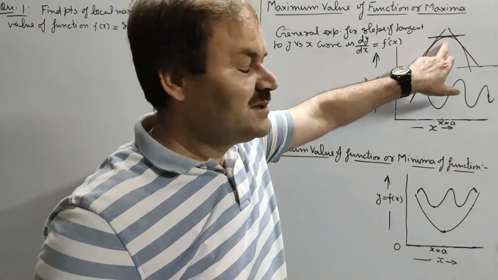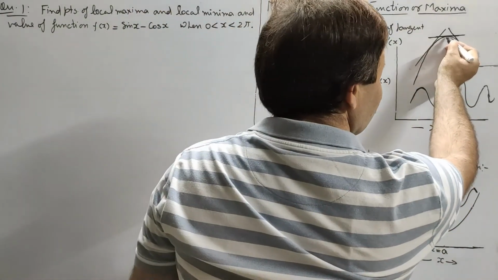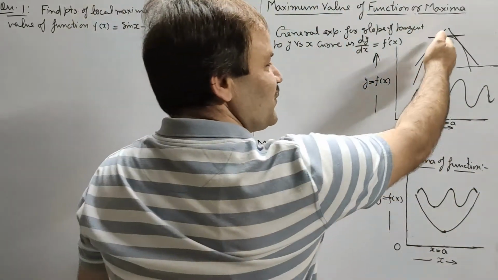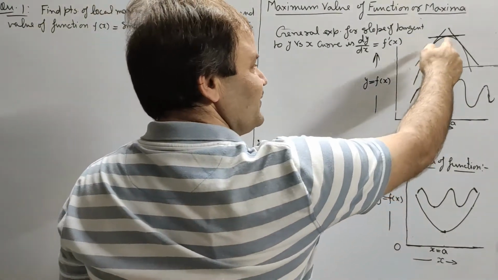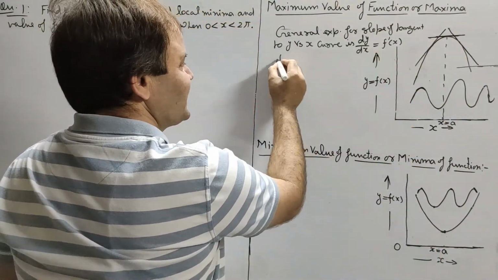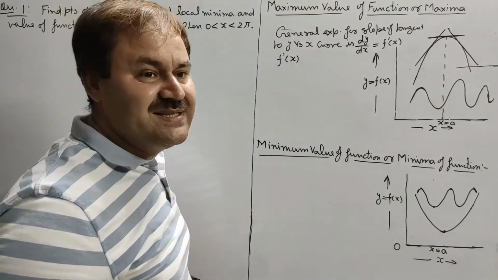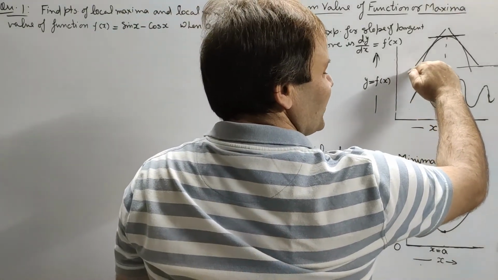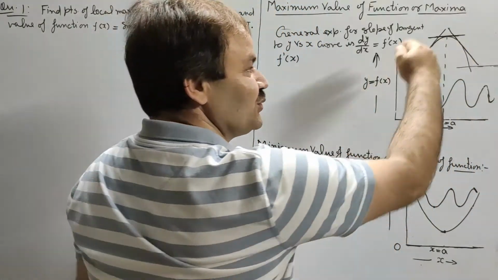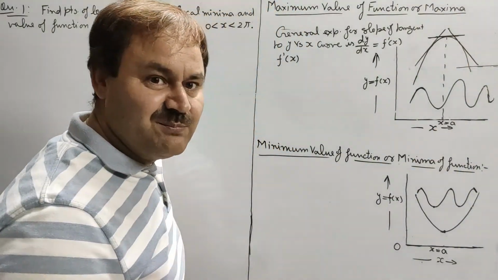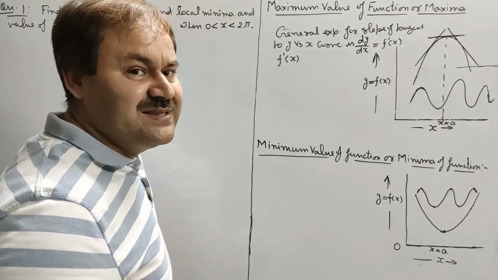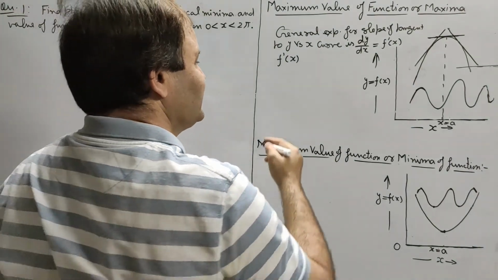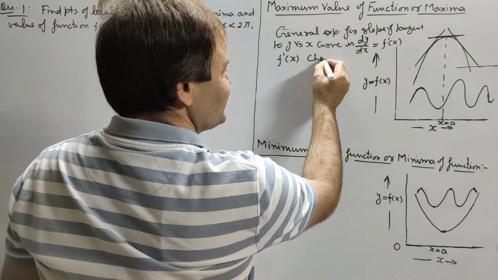So if for a point, say x is equal to a, which is the point of maxima, the sign of f dash x, that is the sign of dy by dx, changes from positive just before the point to negative just after the point, then we will say that the function will be having a maximum value at that point.